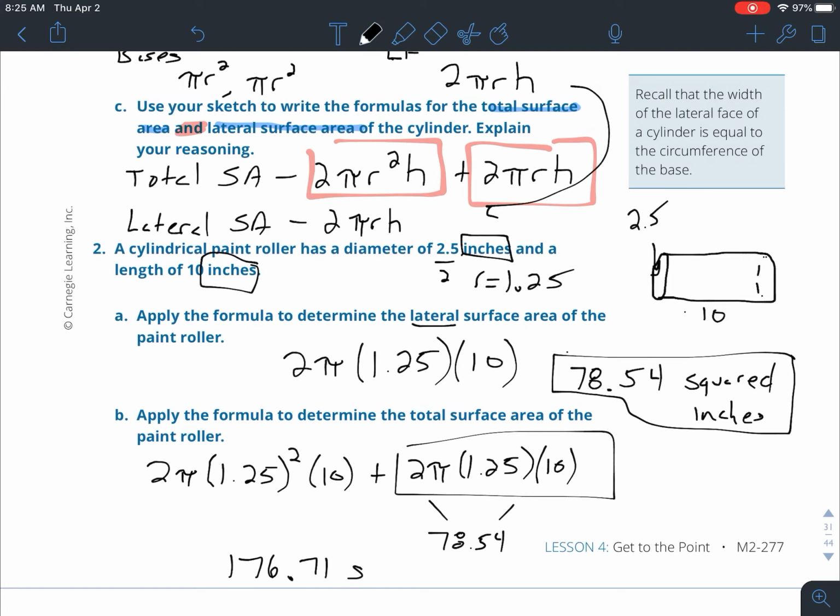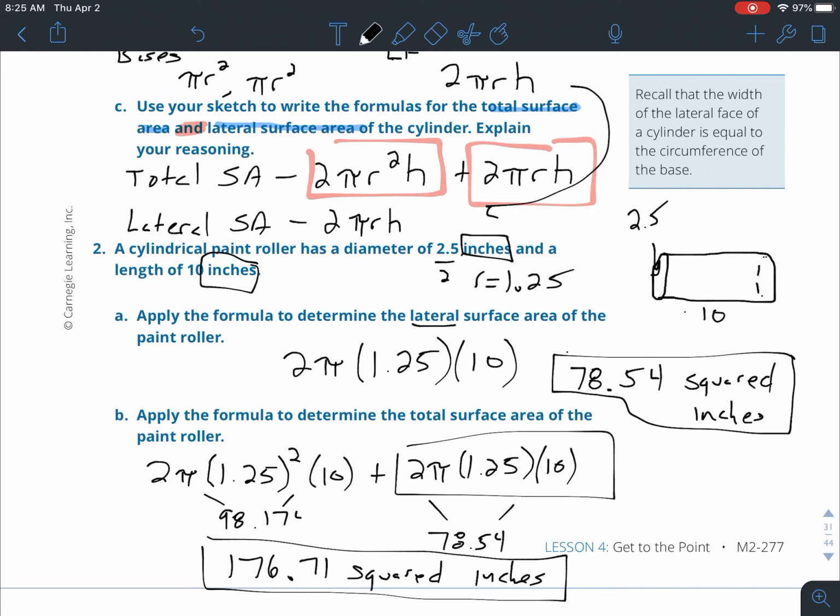And we just write squared inches. And that is your final answer. Okay, because like I said, we got this down to 98.174. And that is your final answer.